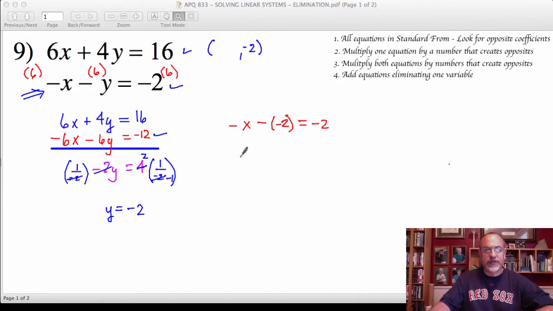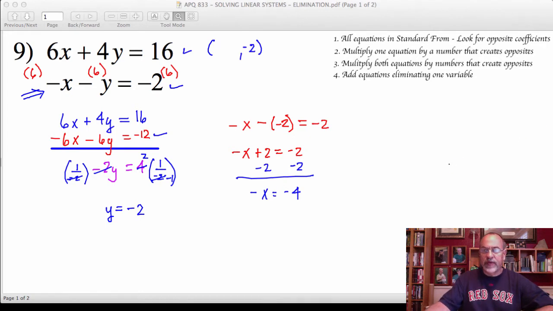Equals then negative 2. So I need to multiply this negative times a negative, which gives me a positive 2. I then am going to subtract this 2 from this side of the equation to get the letter x by itself. So that's going to give me negative x is equal to negative 4. I'm adding those together.